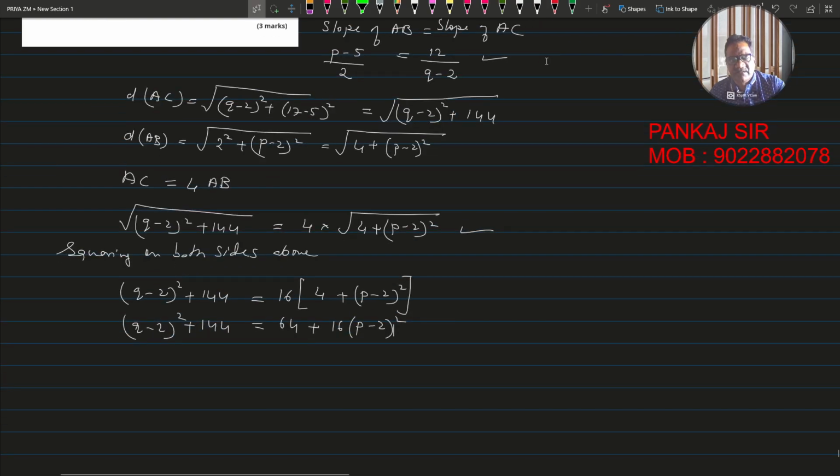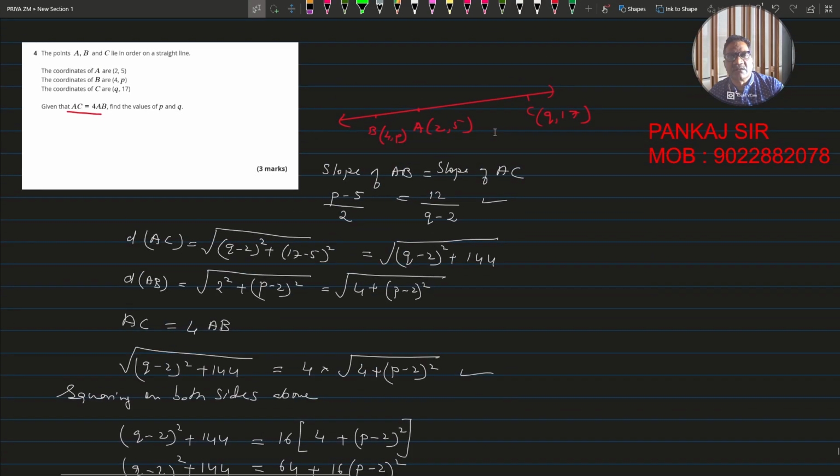Now I can see there are two variables I'm confronting, P and Q. One second, this is P minus 2, slope of AB. Slope of AB was P minus 2, not 5.